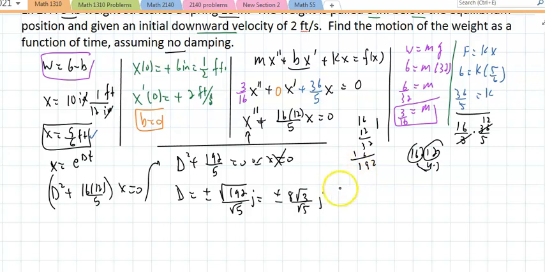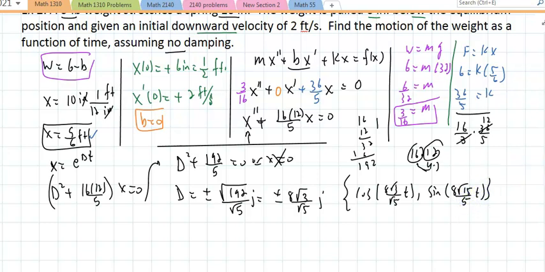So my solution set, we know, is the cosine of 8 radical 3 over radical 5 t, and the sine of 8 radical 3 over radical 5 t. If you want to rationalize, it's up to you. If you rationalize, that's 8 radical 15 over 5 t.